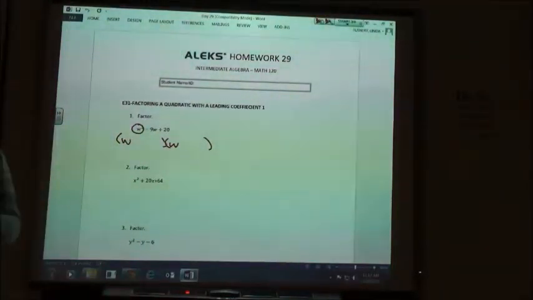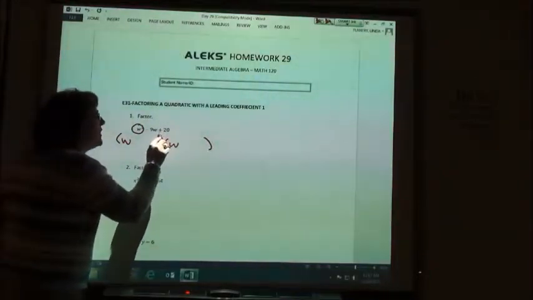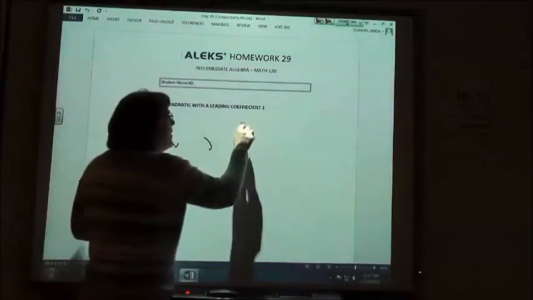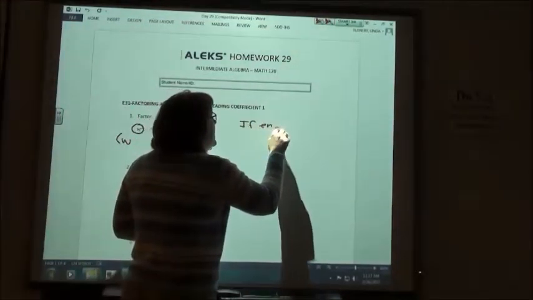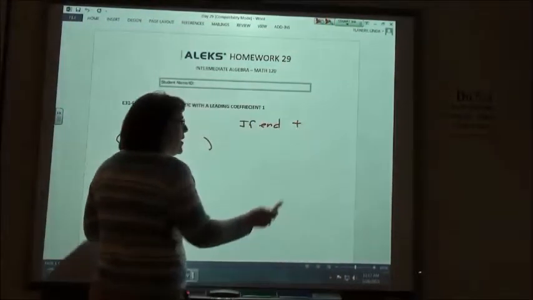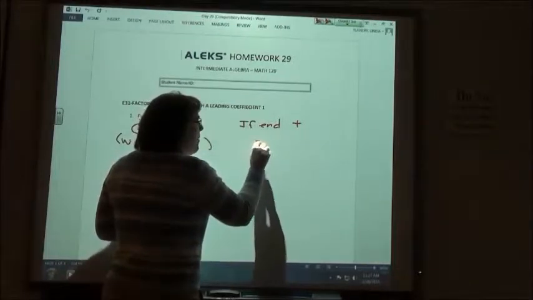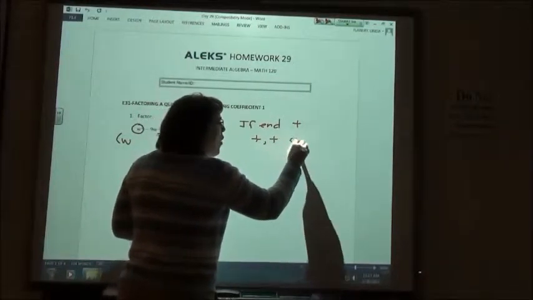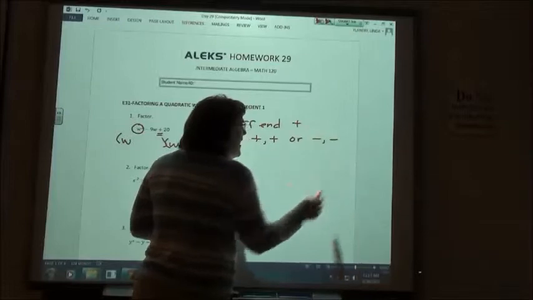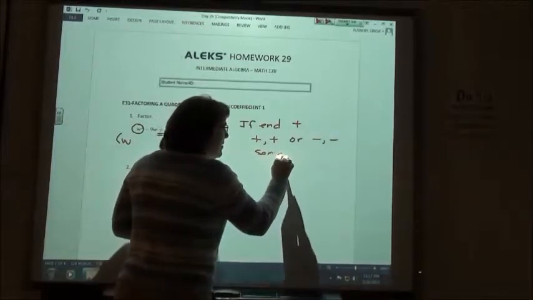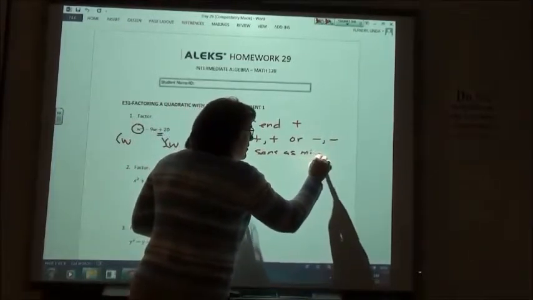The second thing it's going to tell you to do is figure out the sign. So when you figure out the sign, you're going to look at the end sign. If the end is a positive, you're going to either have a positive and a positive or a negative and a negative.